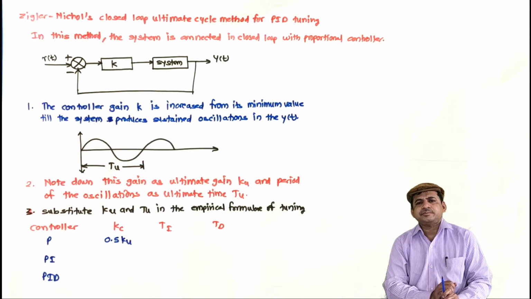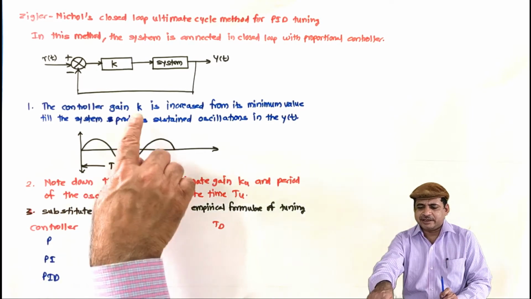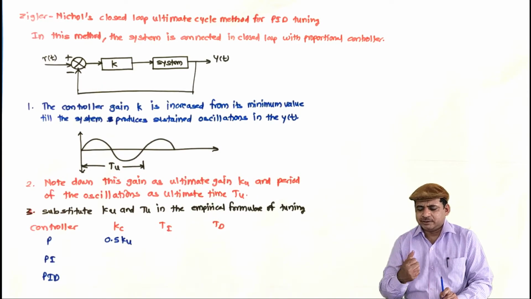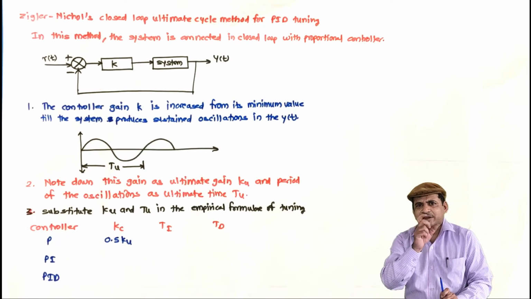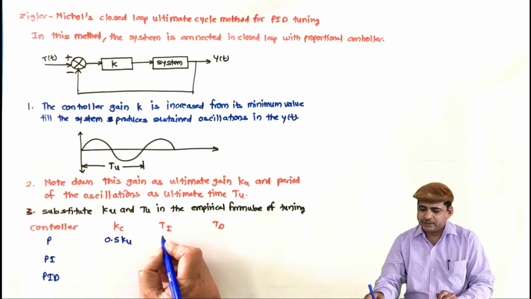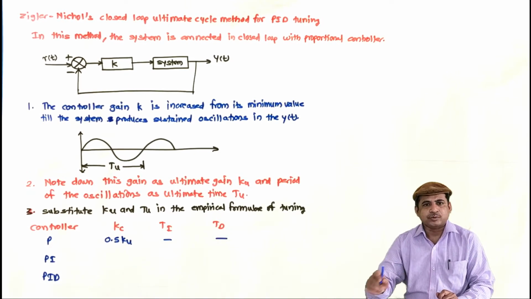So it is like root locus, and this K is nothing but K marginal. So as to have stable operation, a certain tolerance is given, and hence Kc is selected as 0.5 Ku. Here I am taking this out, but actually Ti is infinity and Td is 0.